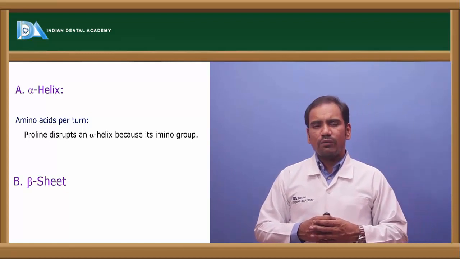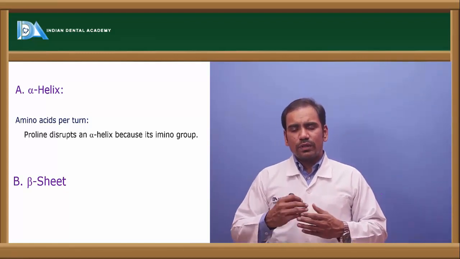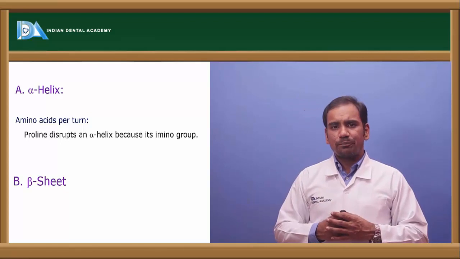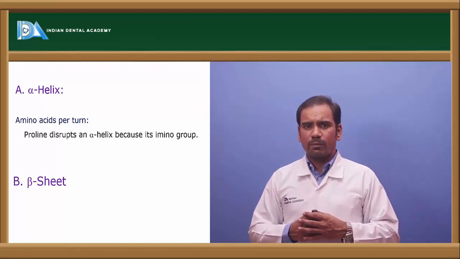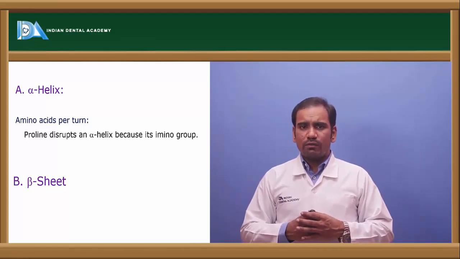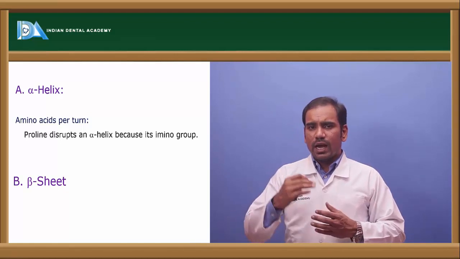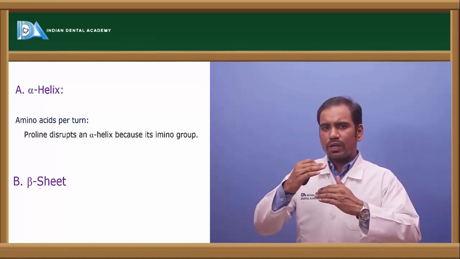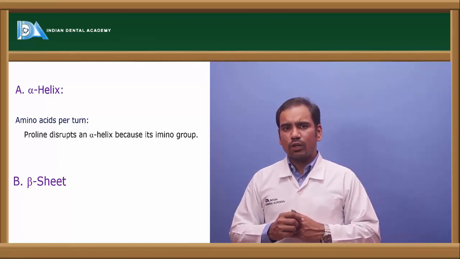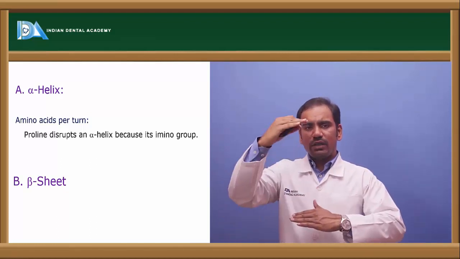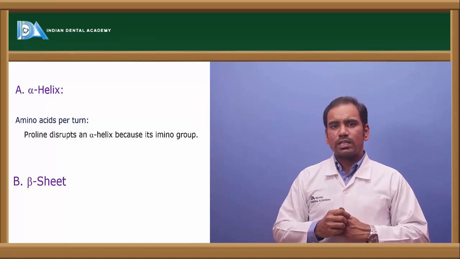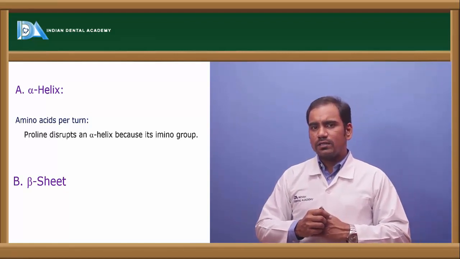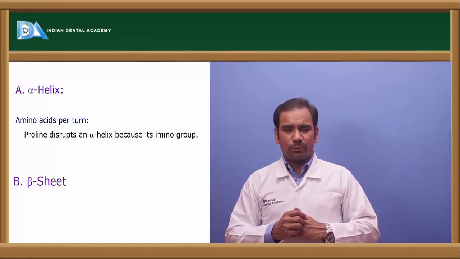When you see the alpha helical structure, per turn of helix we have 3.6 amino acids, and the distance between each amino acid is 0.15 nanometers. The distance traveled per turn of helix is called pitch height, and the pitch height is 0.54 nanometers.